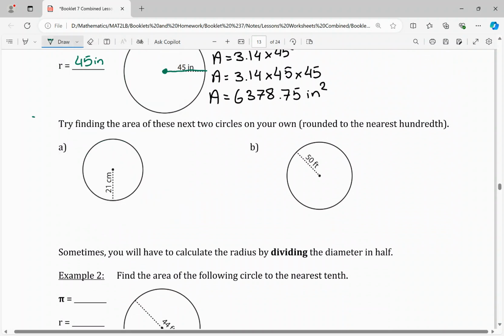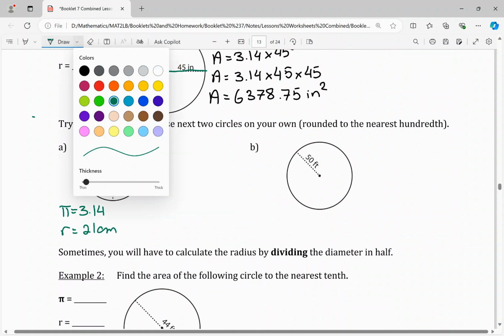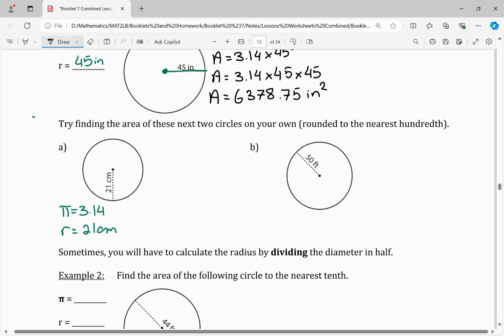In example A, we continue to have pi, which is 3.14, but the radius here is 21 centimeters. Now, using the equation, which is area equals pi times r squared, we can say that the area is equal to pi times 21 squared, or rather, we could write 3.14 times 21 times 21.